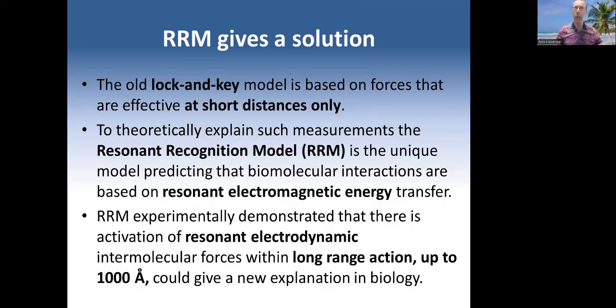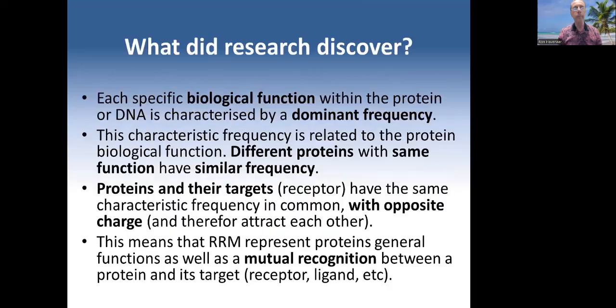So the cell decides what it needs, and then it tries to resonate in the frequency that attracts a molecule in the opposite frequency. Same frequency, opposite charge. That is very, very intelligent.